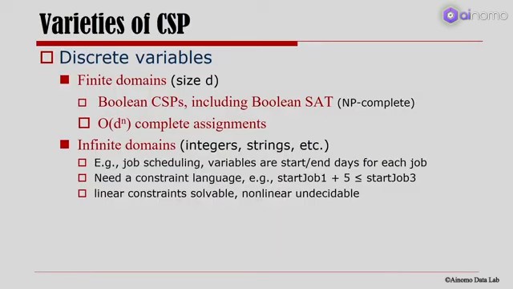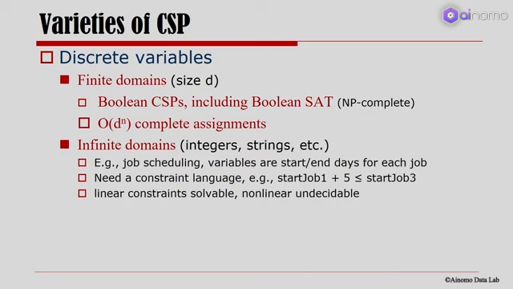We also have infinite domains, domains that have integers, strings, etc. For example, job scheduling. They need a constraint language, and linear constraints are solvable, nonlinear are undecidable. Then we have continuous variable constraint satisfaction problems, where for example the start and end times for the Hubble telescope observation.